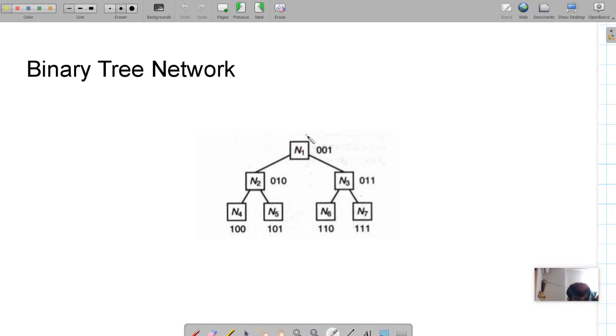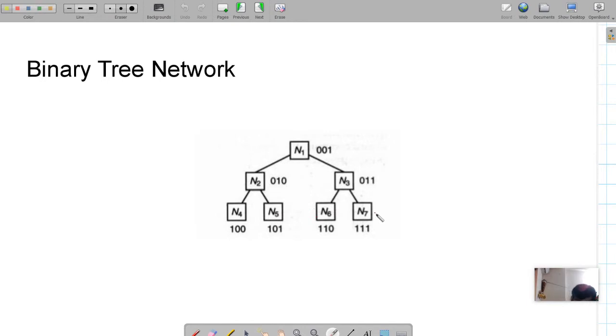And in such a network, what usually happens is each intermediary node has two children. If you look into our diagram, N2 and N3 are intermediary nodes. You can see that both of them have exactly two children.